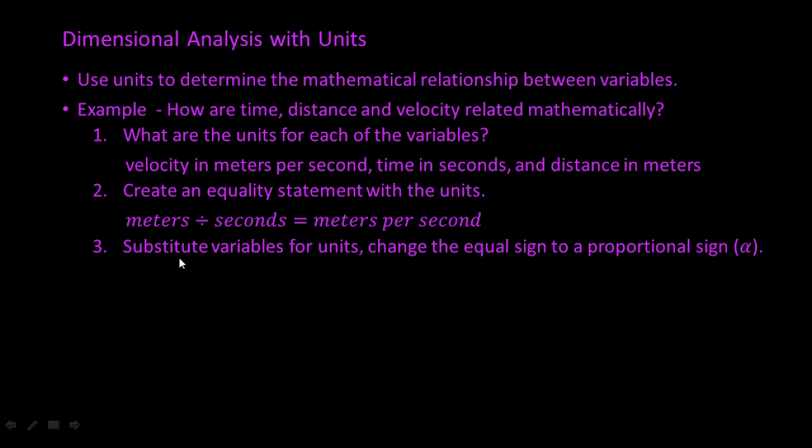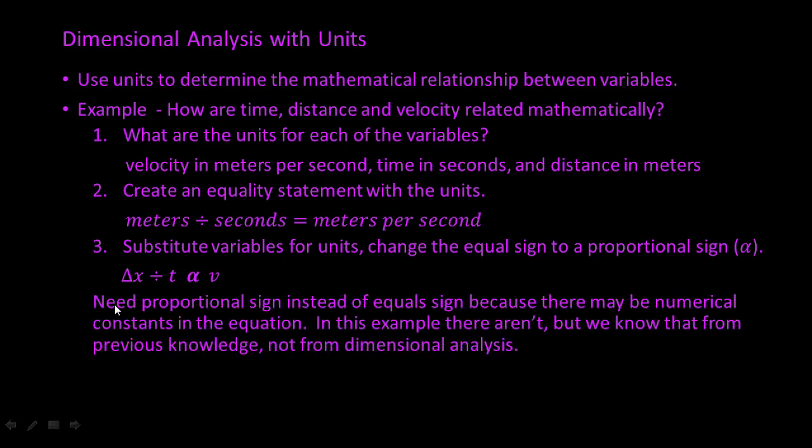So now I want to substitute the variables for the units, and I want to change the equal sign to a proportional sign, which is the lowercase alpha. And so meters, well, that's displacement, or delta x, divided by, well, seconds. The variable for seconds is time, and that's proportional to the velocity, because velocity is the unit for meters per second.